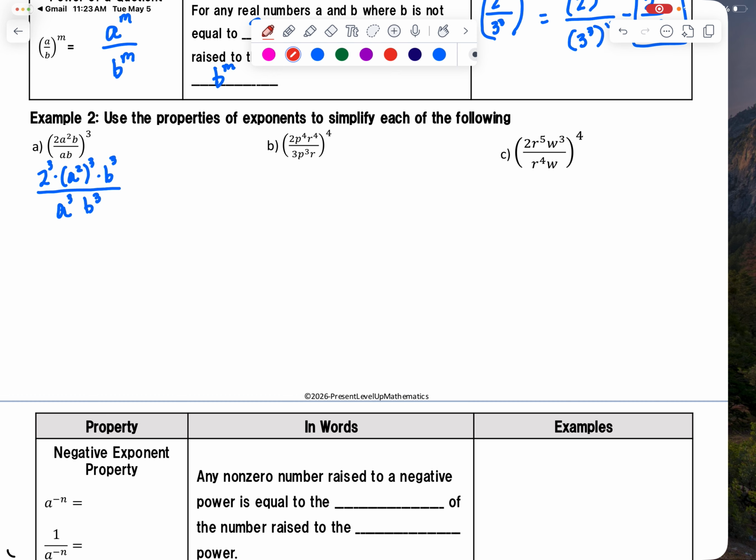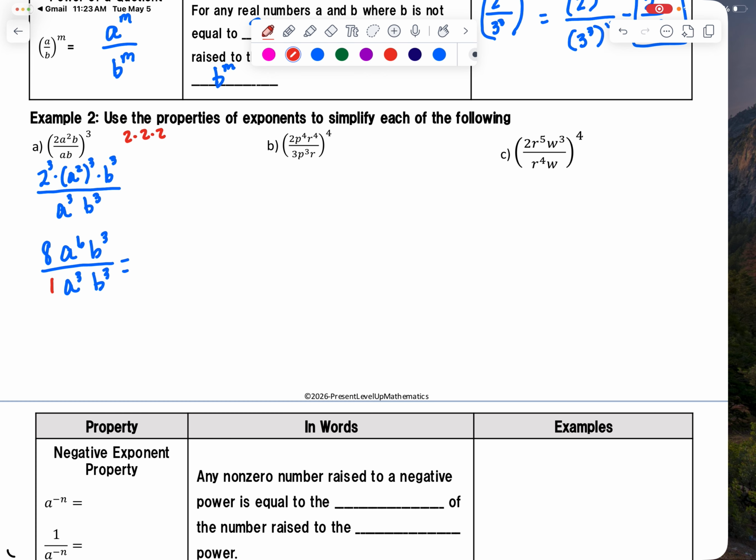2 to the 3rd power would be 2 times 2 times 2, which would be 8. A squared raised to the 3rd power would be a to the 6, and then b to the 3 over a to the 3 b to the 3. Now let's simplify that. This is literally 8 over 1, which would be 8.